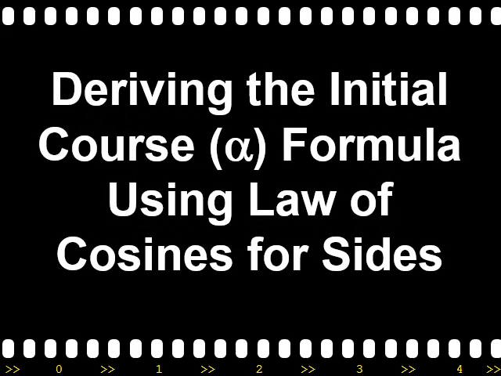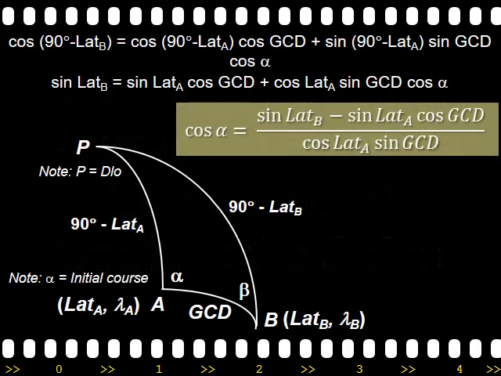Okay, now how do we derive the initial course alpha formula? Using the law of cosines for sides. Okay, balikan natin. Ito na yung given natin, no? So, for example, ang focus naman natin is let's try to solve the cosine of lat AB.